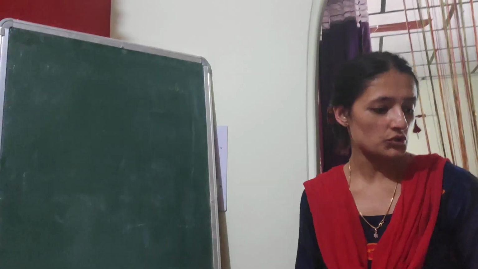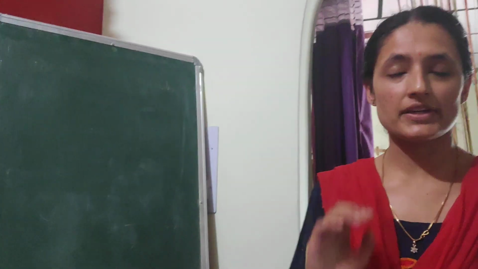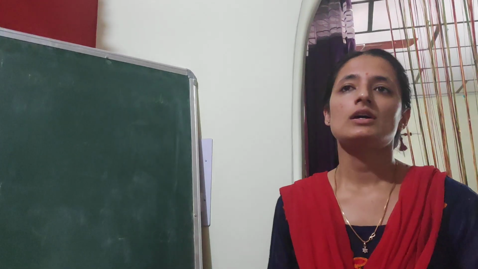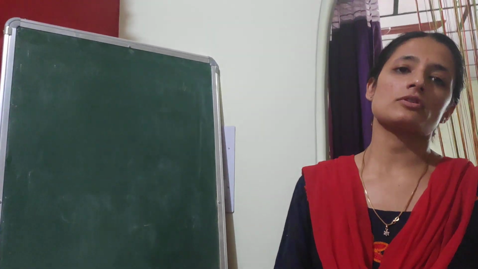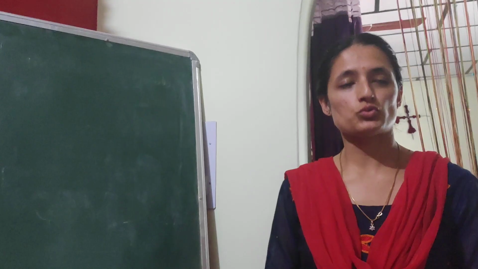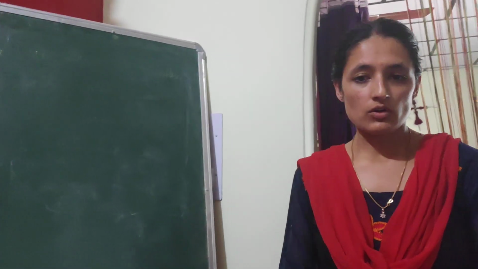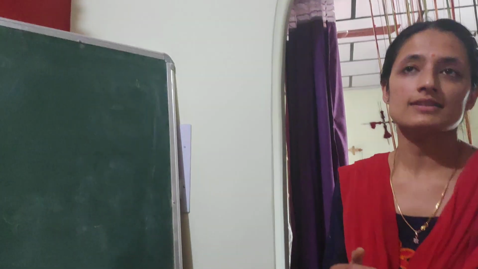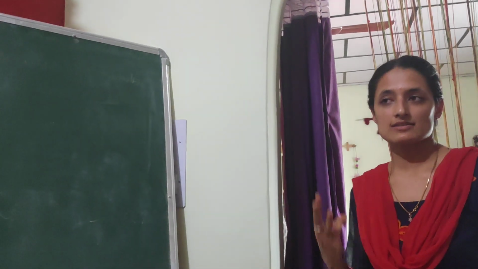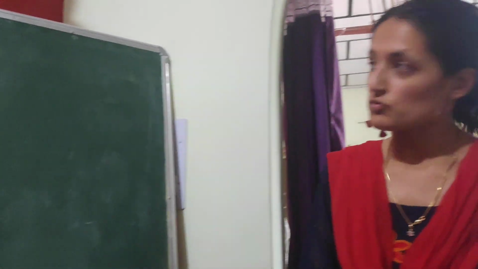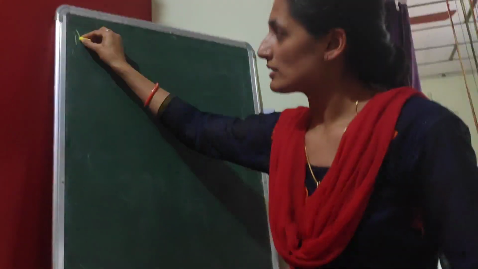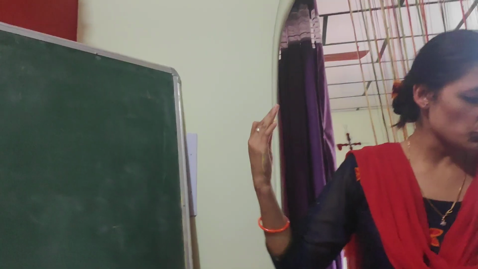Now next topic is uses of dimensional analysis. Very important topic, because on the basis of uses of dimensional analysis we have to do some numericals also. We have categorized uses of dimensional analysis into three categories. First one, to convert one system to another system.